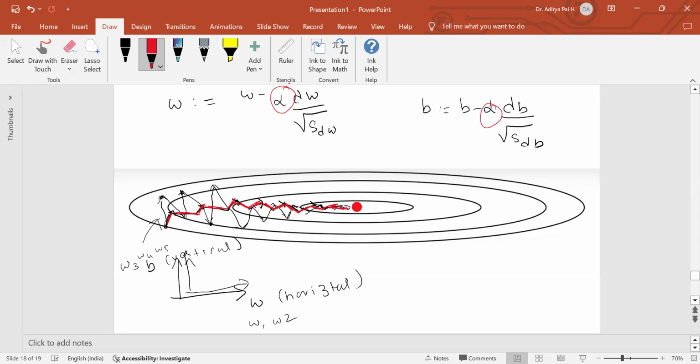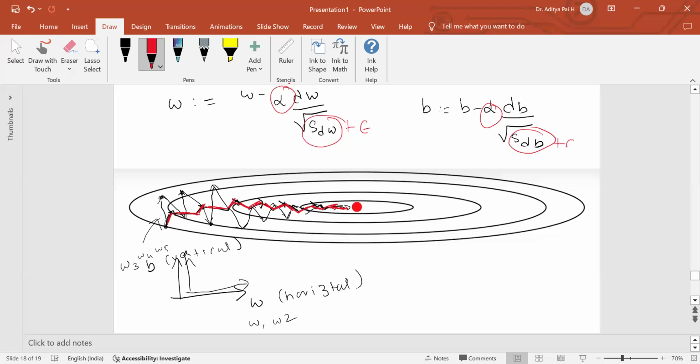Sometimes sdw and sdb can also be equal to 0. To avoid divide by 0, we put in a small epsilon.